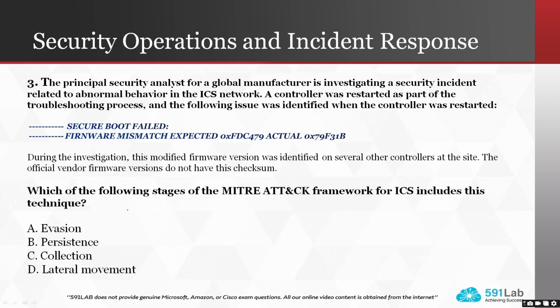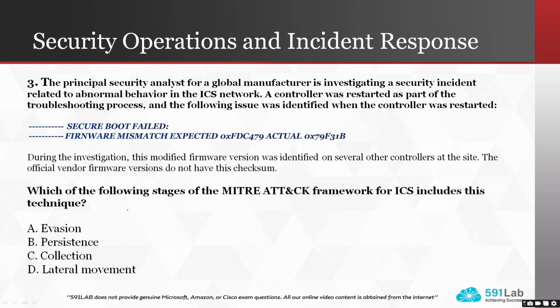Question number 3 deals with security operations and incident response. Question number 3 says, the principal security analyst for a global manufacturer is investigating a security incident related to abnormal behavior in the ICS network. A controller was restarted as part of the troubleshooting process and the following issue was identified.